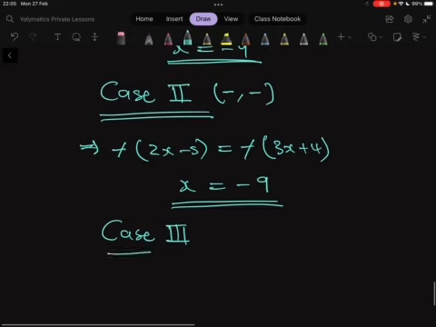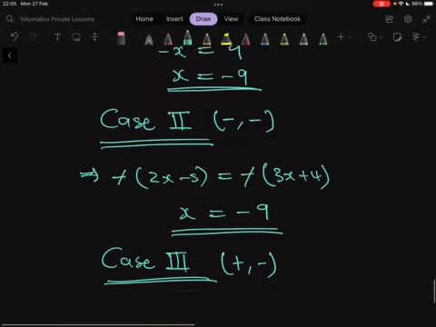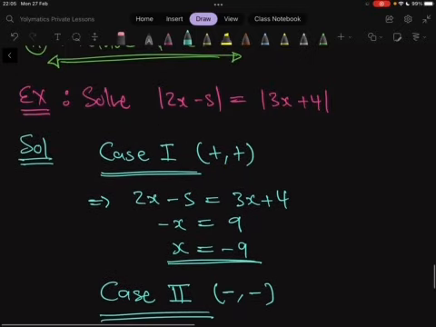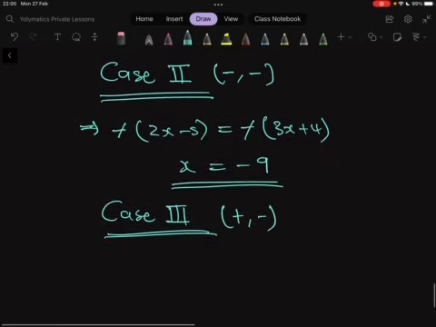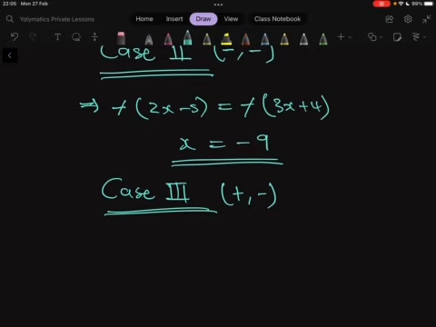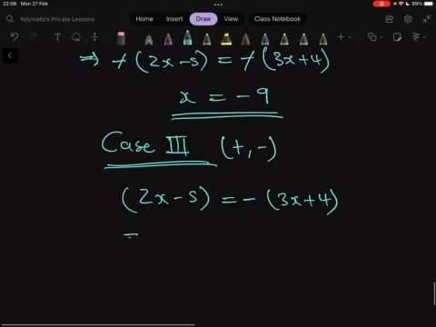Now let's look at case 3, which I'll refer to as the plus minus case. It means you consider the argument of the left hand side to be positive, while that of the right hand side is negative. If the argument of the left is positive, you can safely remove the absolute function. But since the expression on the right hand side is negative, to make it positive we have to multiply by a negative on the outside. So we'll get -(3x + 4). Simplifying this, we get 2x - 5 = -3x - 4.